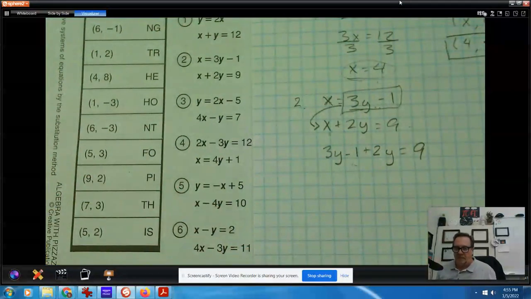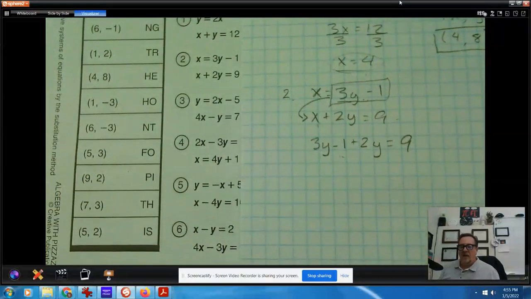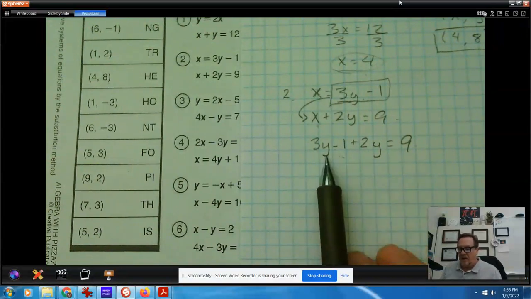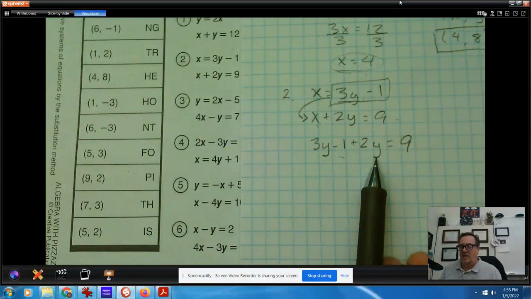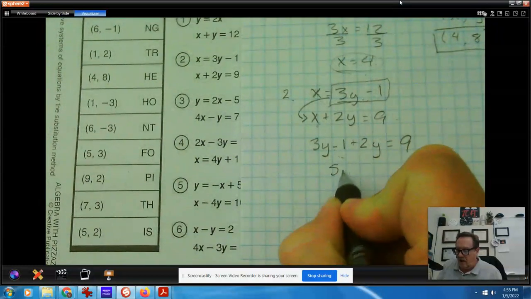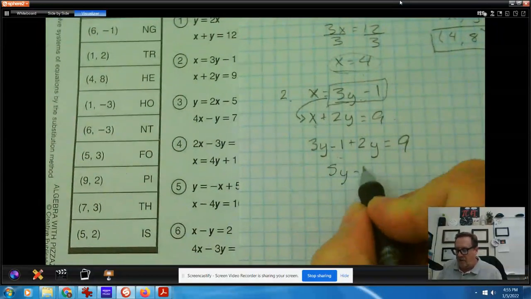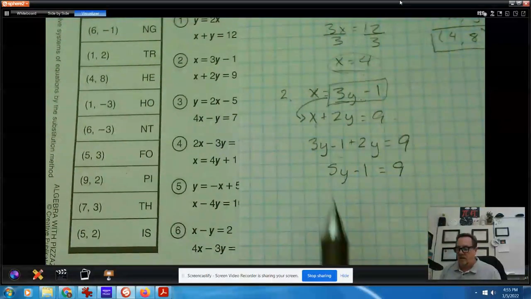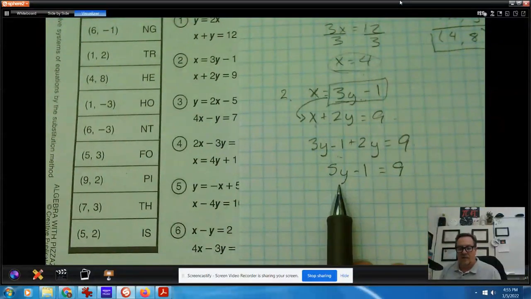Now, we can solve such things. Again, looking at this equation, since I have the same thing on the same side, we can combine our like terms. 3y plus 2y is 5y, and I'm subtracting 1, and that's equal to 9. Okay, I just combine my y's.